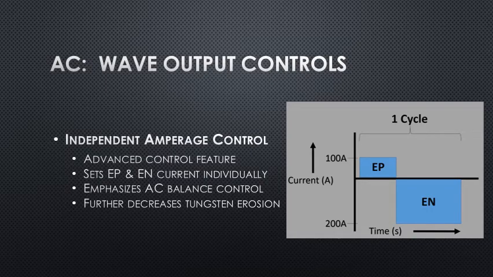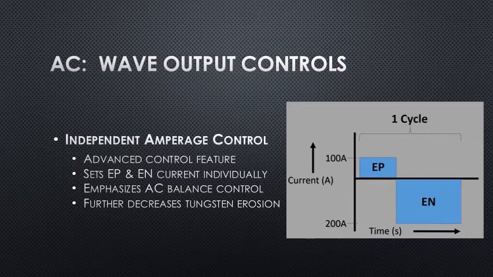Another AC wave control that's somewhat advanced and not available on all equipment is independent amperage control. This advanced control feature allows you to set the electrode positive and the electrode negative current individually. So you may only have 100 amps positive while you have 300 amps negative.